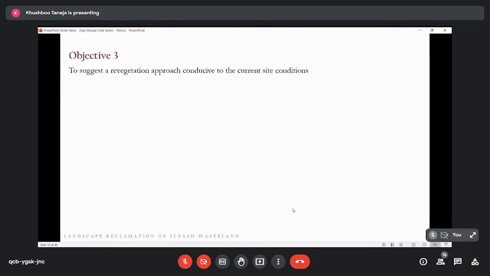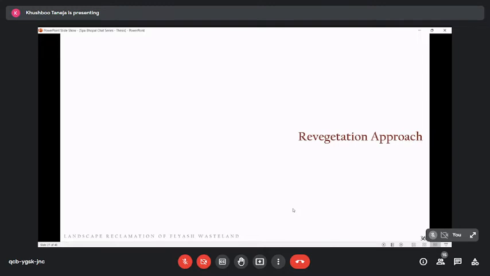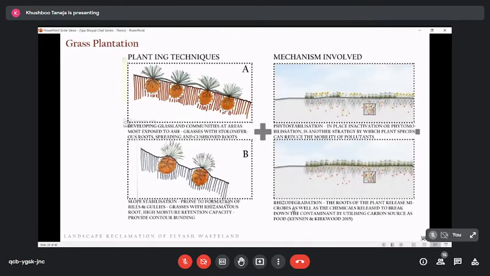Next, going on to objective 3, this was the main objective, which I found was the revegetation approach. Initially, we start with planting grasses, the kind of grasses which support the mechanisms of phytostabilization and rhizodegradation.